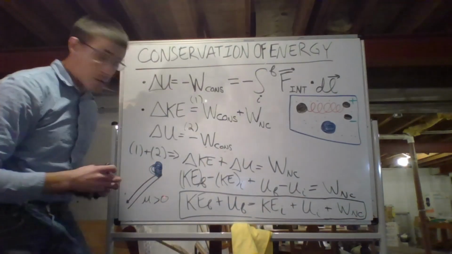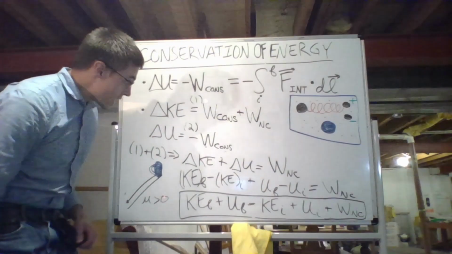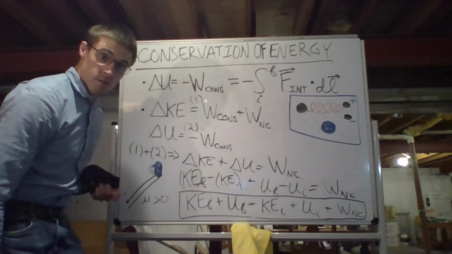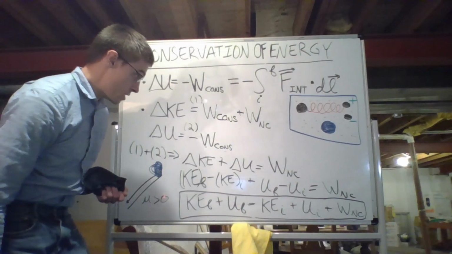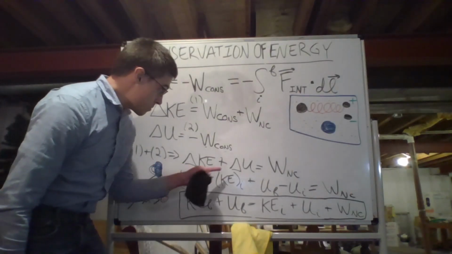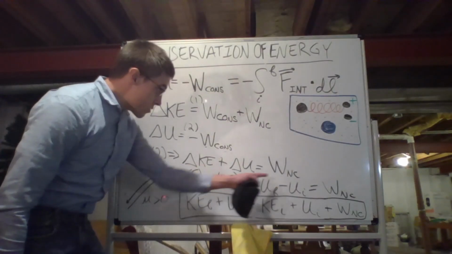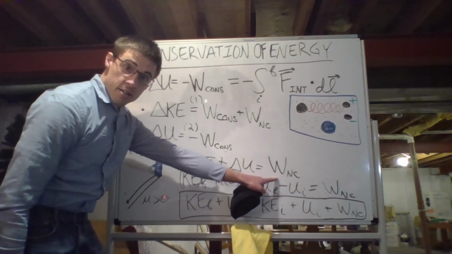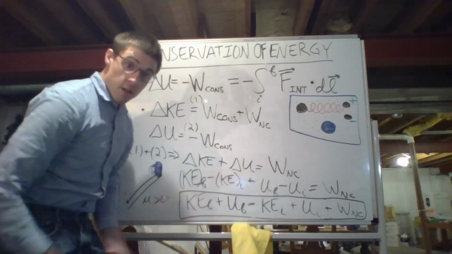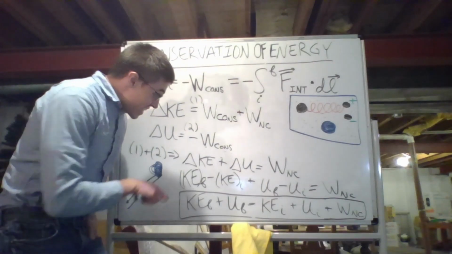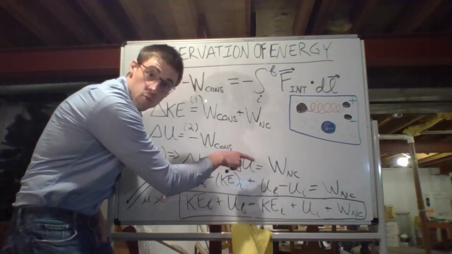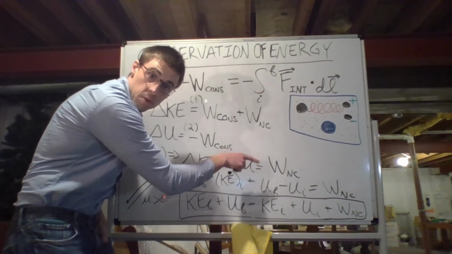Now, this is very interesting because what we have in this case, where there are non-conservative forces introduced into the system, is the change in kinetic energy plus the change in potential energy is going to be equal to the work done by those non-conservative forces. In other words, the non-conservative forces remove mechanical energy from the system.